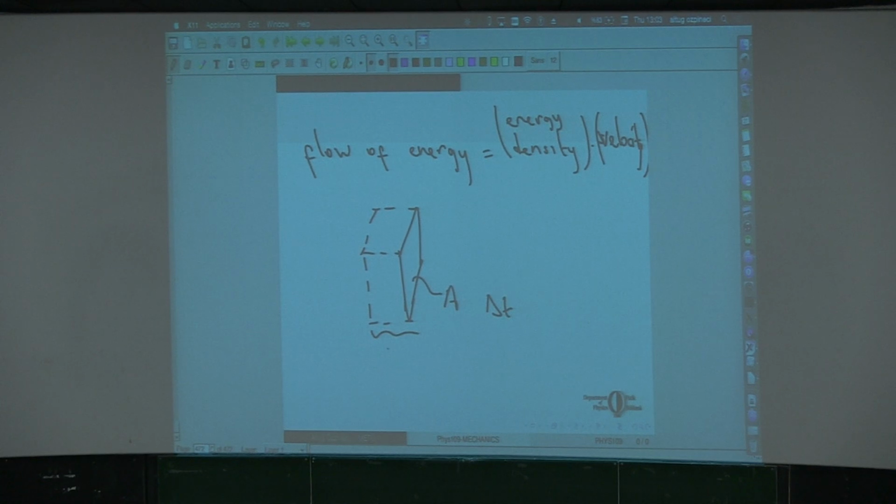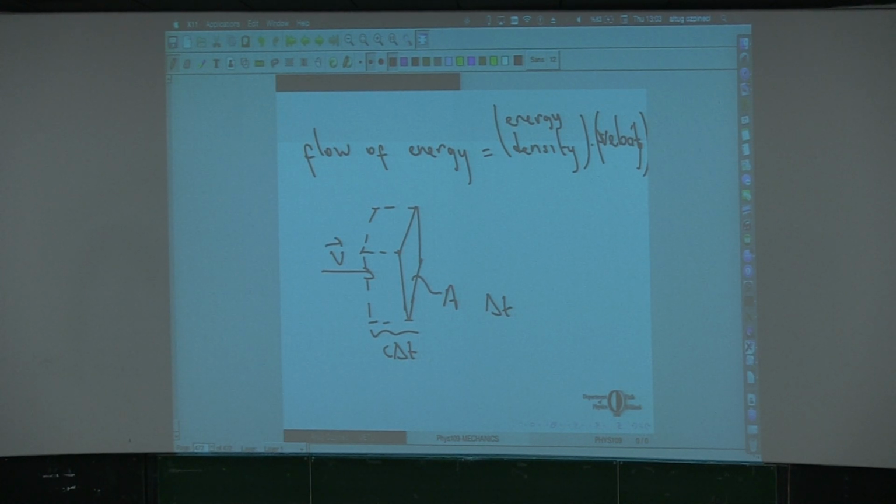This will be just c times delta t. All the energy in this region will pass through this area. Of course, we are assuming that this is the direction of the velocity of the object, perpendicular to the area. So all the energy in this volume will pass through this area in a time delta t.